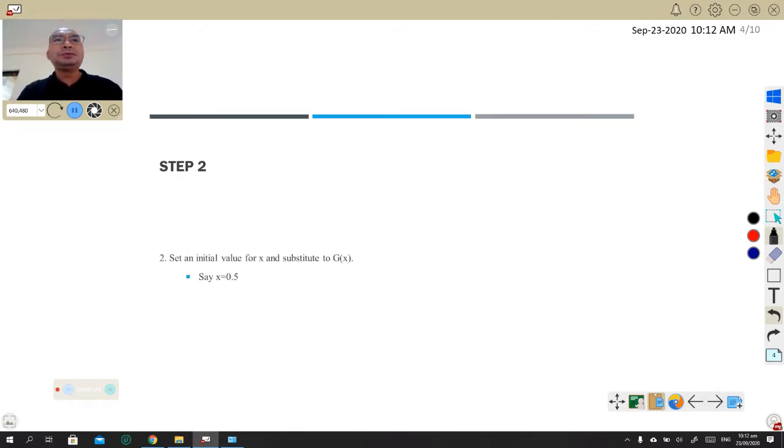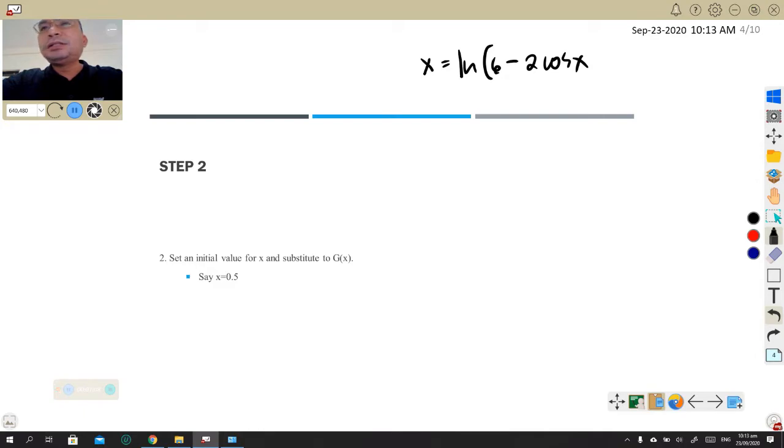Step 2: we already now have our value of x. From the previous example, we will use x equals ln of 6 minus 2 cosine x minus 2 raised to negative x.